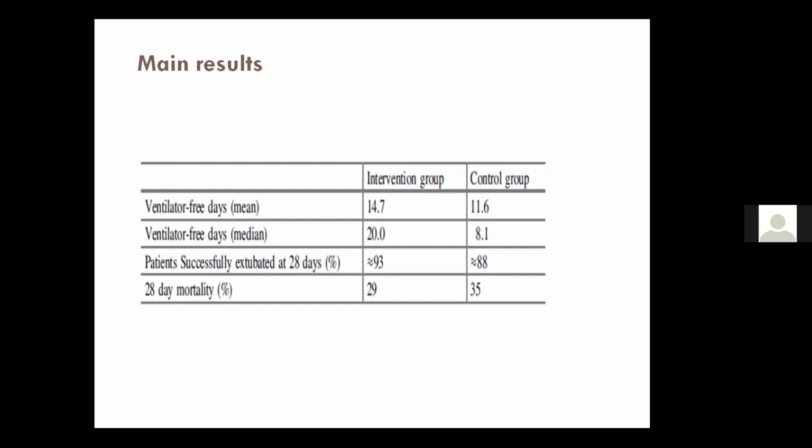And they found that the intervention group is doing well. Their mortality percentage is also reduced. Ventilator days also reduced, whatever way you measure it. And the percentage successfully extubated at 28 days is higher in the intervention group. They have come out of ventilation.